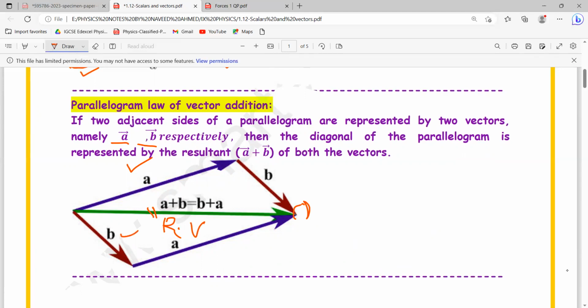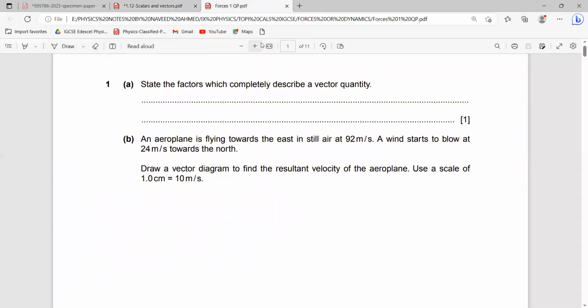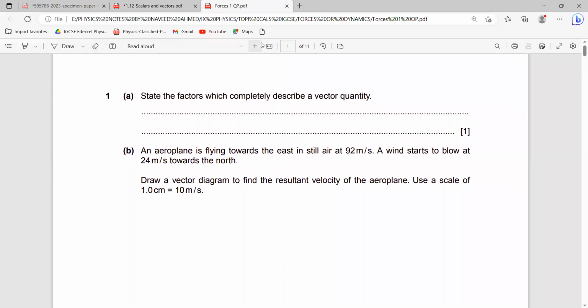Now we come to a question to understand this concept: vector addition, vector diagram, or addition of vectors. These are three different names for this topic. I repeat it again: vector addition, vector diagram, or addition of vectors. Okay, now we see here there is a question number one: state the factors which completely describe a vector quantity.